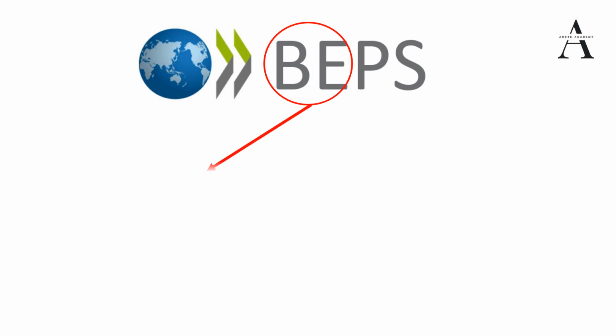Out of this, BE is domestic tax base erosion. Whenever we talk about base erosion, what kind of base is getting eroded? The domestic tax base is getting eroded. It refers to practices of reducing the taxable base, for example deducting large interest payments in order to lower the taxable profits. That is how base erosion is happening.